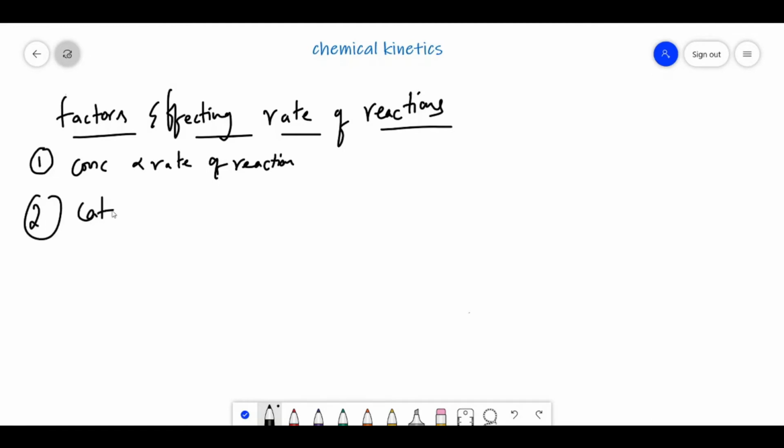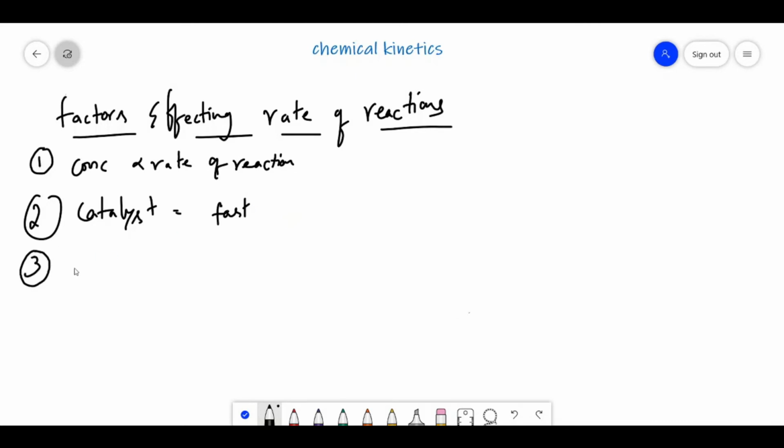Whenever we add a catalyst in a reaction, the activation energy of the reaction decreases and the reaction takes place fast. So what is happening here is the activation energy will be decreased. That's all in this catalyst.